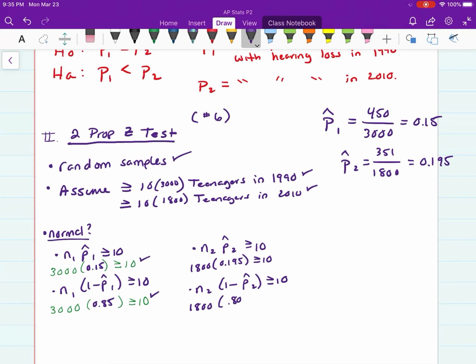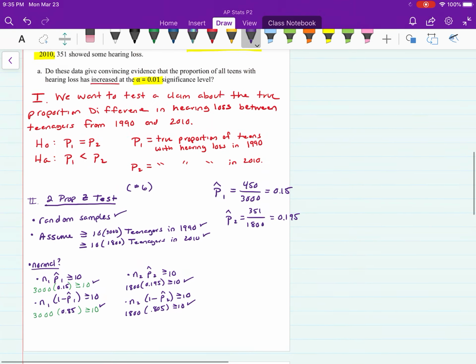One minus 0.195 is 0.805. And again, we're fine there as well. So it meets all our conditions for inference.